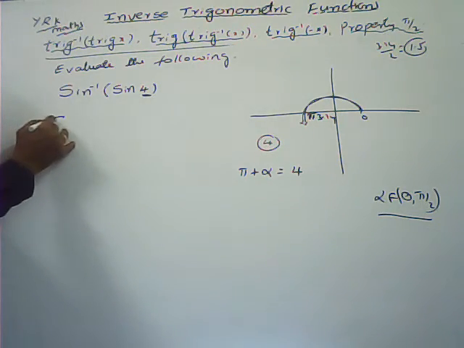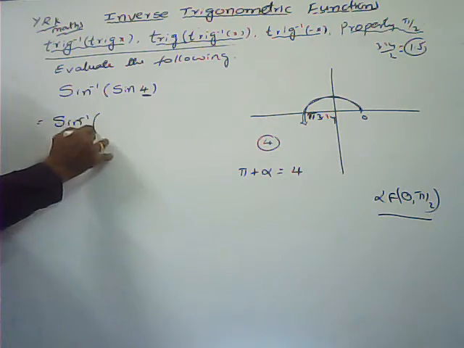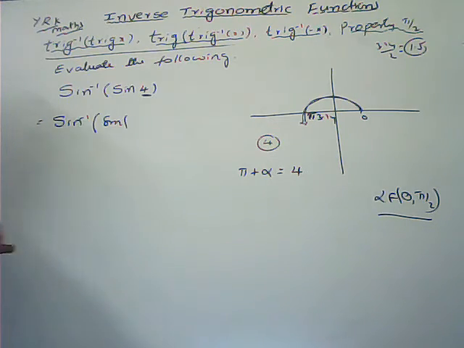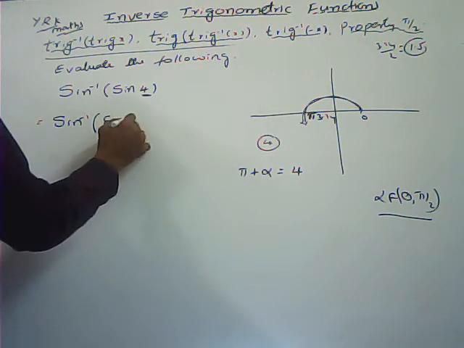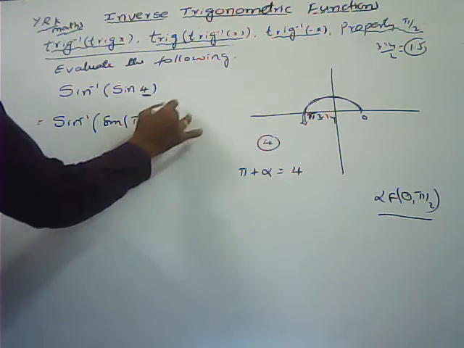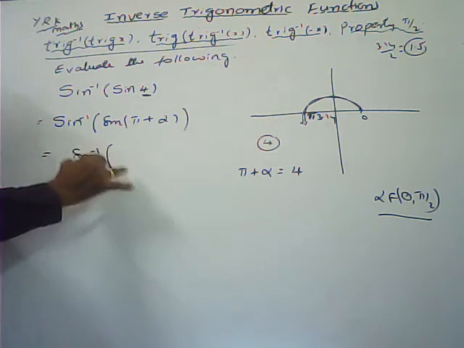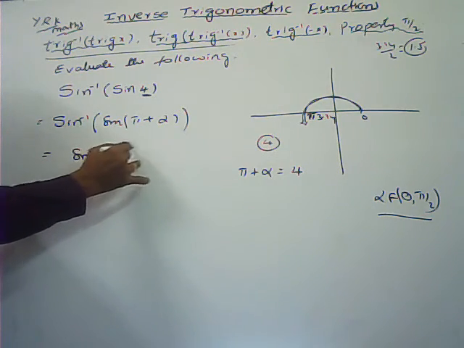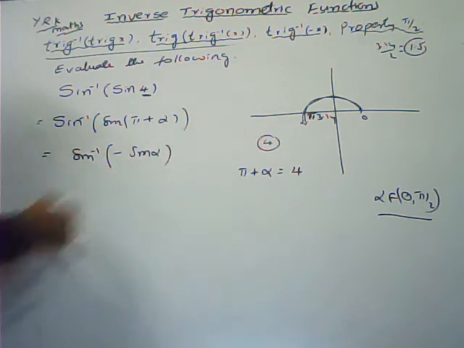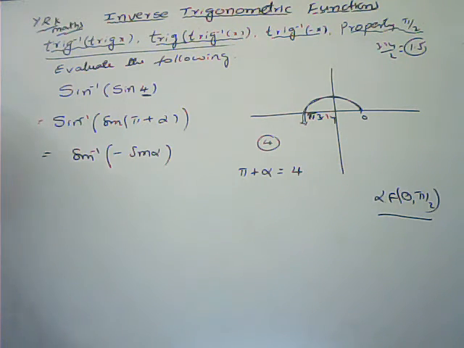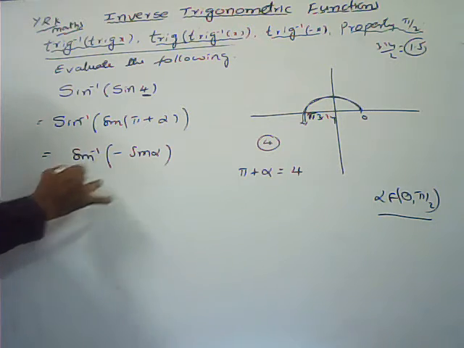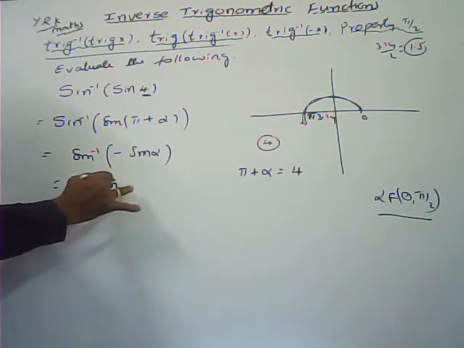So here what I am doing, sine inverse of, in the place of 4 I can write pi plus alpha. That is equal to sine inverse of sine of 180 plus theta, minus sine theta. Why? Because that belongs to the third quadrant. In the third quadrant sine is negative. Sine inverse of minus x we can write minus sine inverse x.